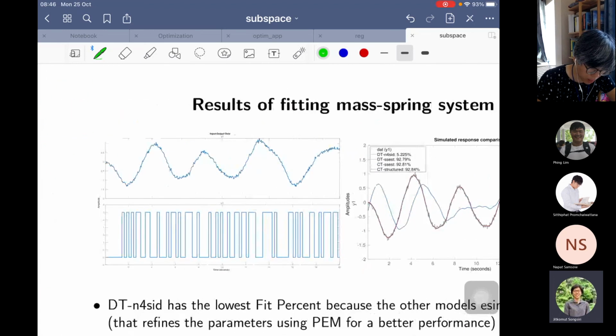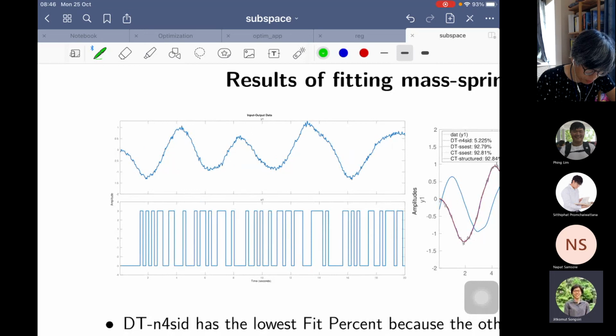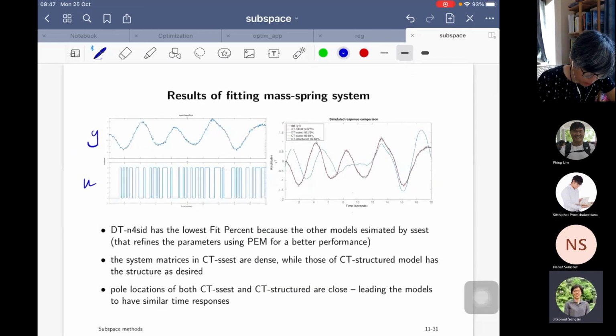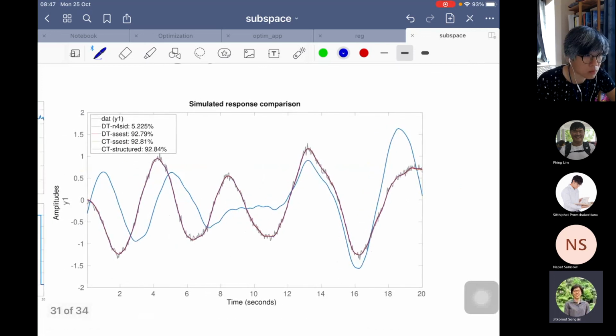For the mass spring system, I generate data again: this is my U, and this is my Y. My U is probably PRBS.